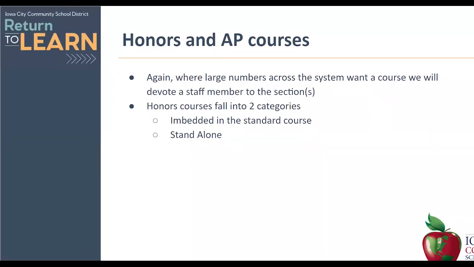Therefore, we know that we need to run honors chemistry separate from the regular chemistry. So you'll see that in the sciences where there'll be standalones. You'll see that in the math courses as well. Algebra 2 honors is going to run as a standalone away from Algebra 2 as well. So that's kind of a broad overview of AP and honors.